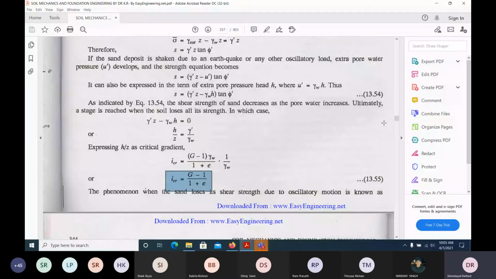Then we started drawing the Mohr circle. By knowing the normal and shear stresses, we can plot different Mohr circles for different soils and all.